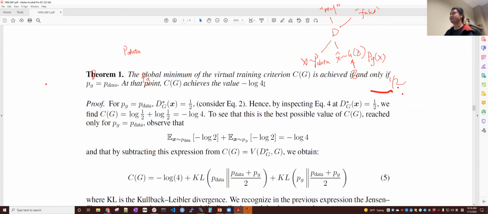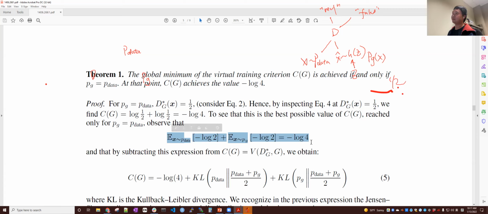They also said the optimal value of this loss function would equal minus log 4. This log is the natural log. Why? Because you just plug your best discriminator value 1/2 into the loss function, and it is calculated as minus log 4.